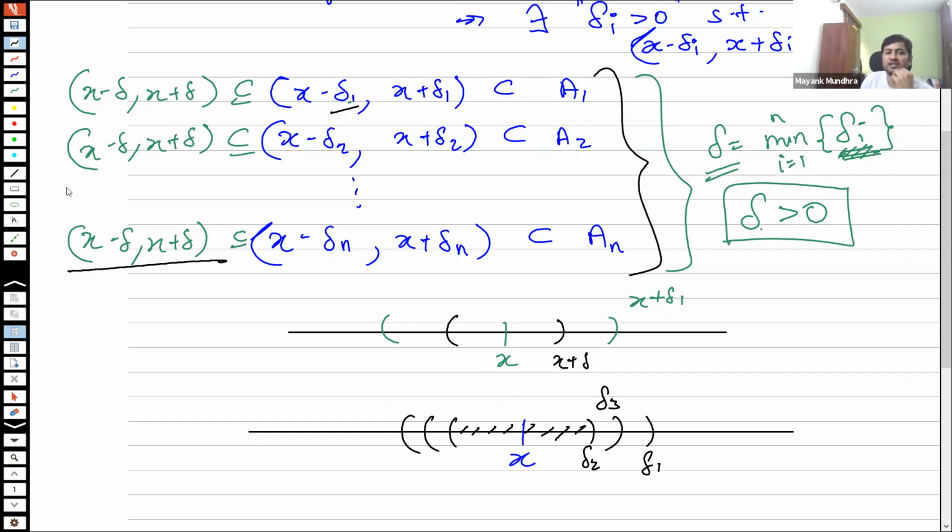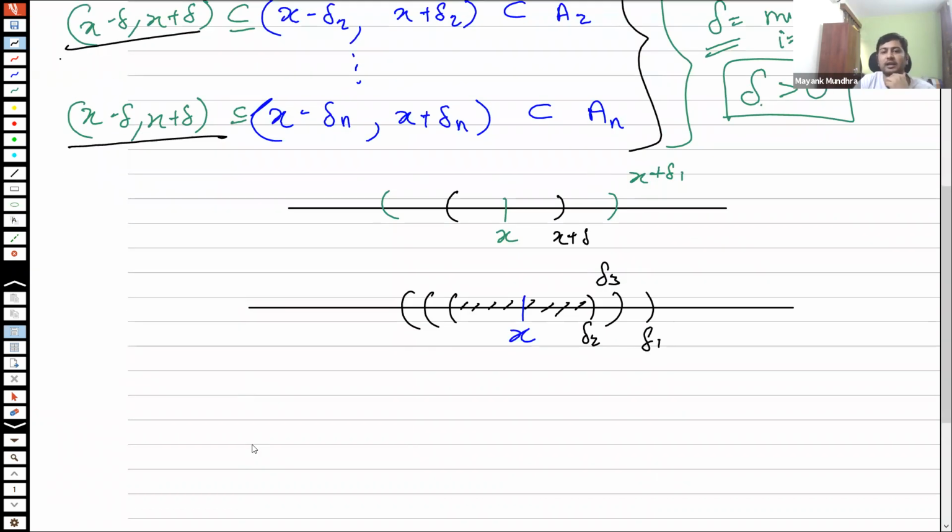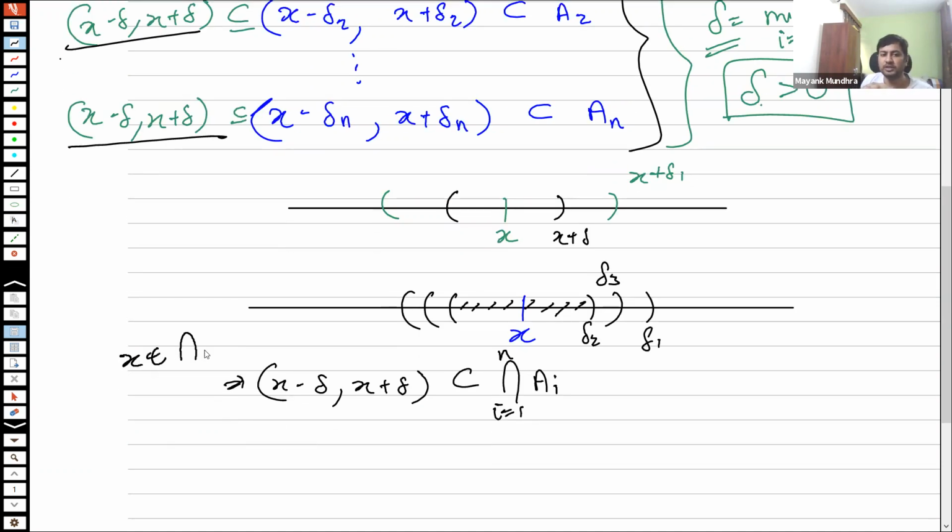So (X minus delta, X plus delta) is contained in each of these sets, which implies that (X minus delta, X plus delta) is contained in the intersection of Ai for i equals 1 to n. So I started with X belonging to the intersection of Ai, and I end up with (X minus delta, X plus delta) in the intersection of Ai, such that this delta is positive.